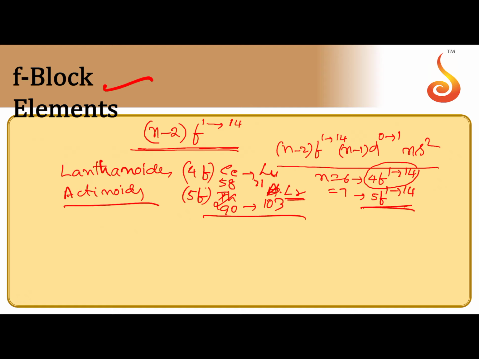These 14 elements are called actinoids. These are also called 5f series. Maximum number of actinoids are radioactive elements. After uranium 92, all are man-made elements, radioactive elements, and lanthanides are also called rare earths since they occur rarely in the Earth's crust.